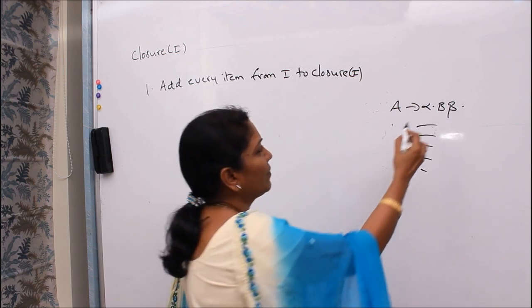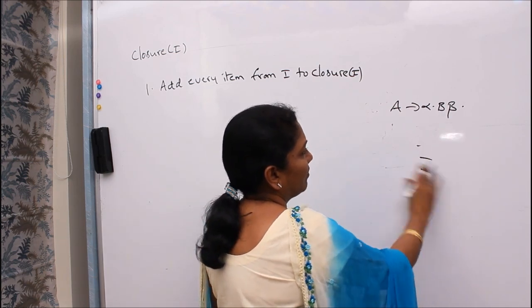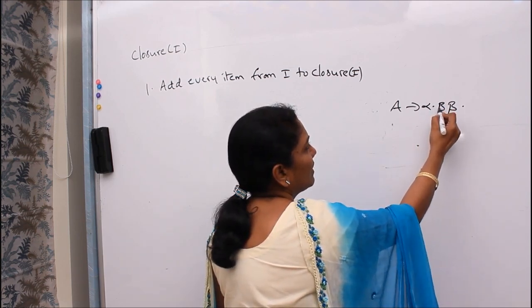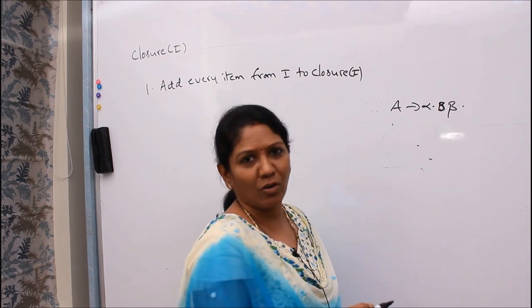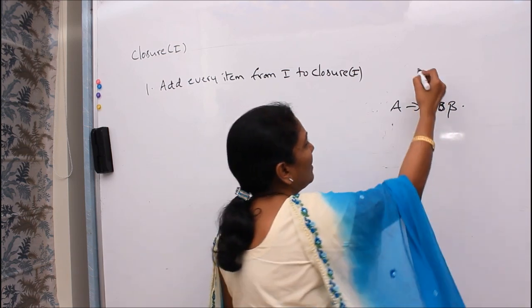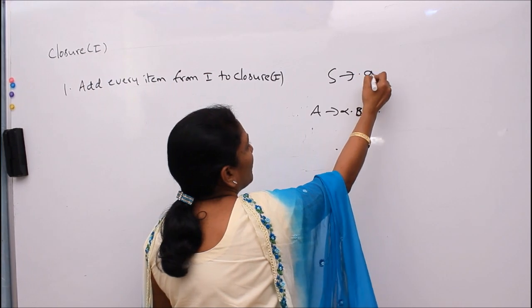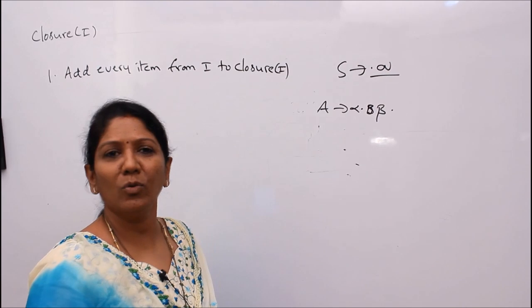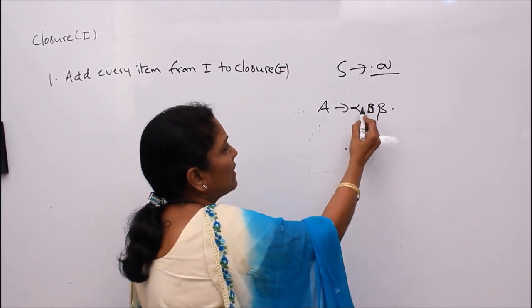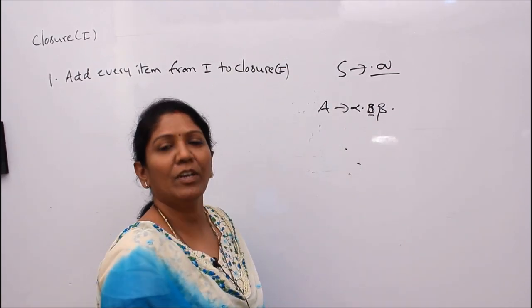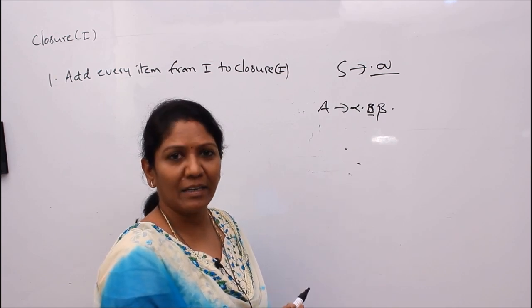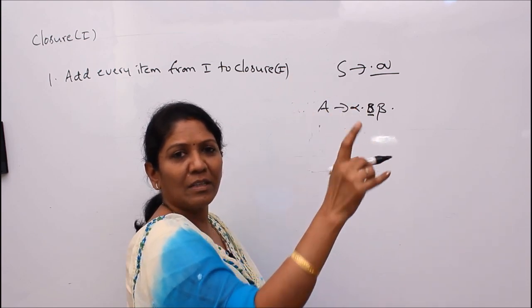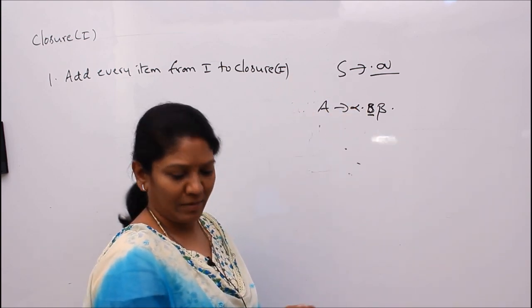For example, assume this is an item in the initial I. Now if you look at the symbol following the dot, B is a non-terminal. If the grammar symbol that follows the dot is a terminal, no need to add anything. But if it is a non-terminal, we need to add items. How do we add items? For every non-terminal there will be a rule defined in the given CFG.